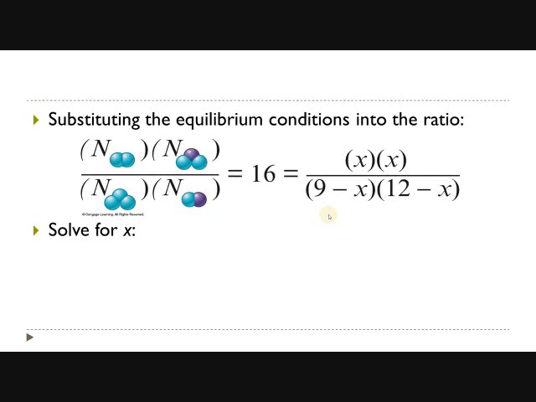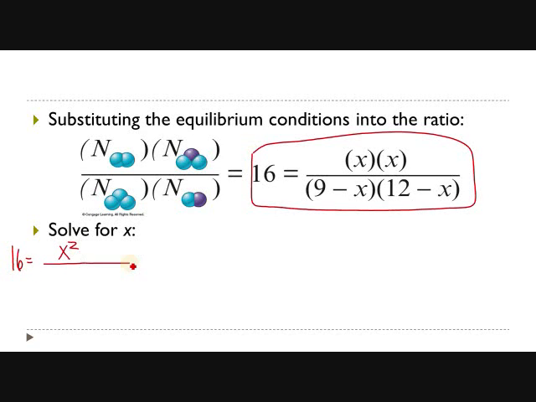We actually will have to do the quadratic formula here to get it to solve. But if we simplify this right here, we will have 16 is equal to x squared over, ready for these big numbers? 9 times 12 is... Oh, sorry, no, I was looking at the wrong number.